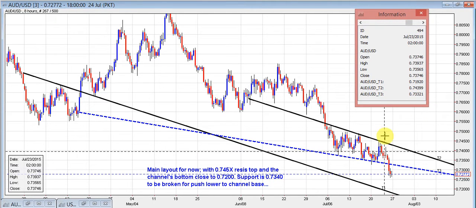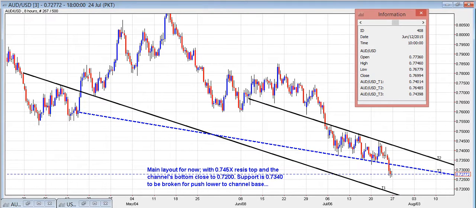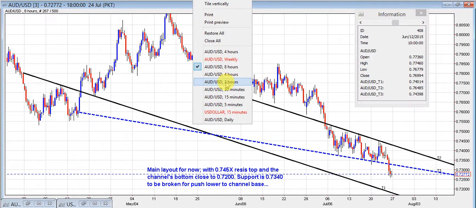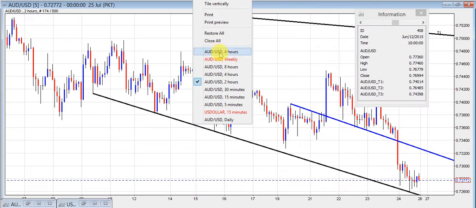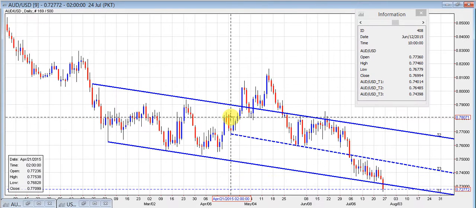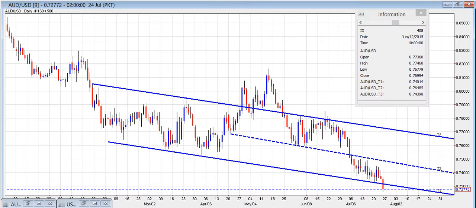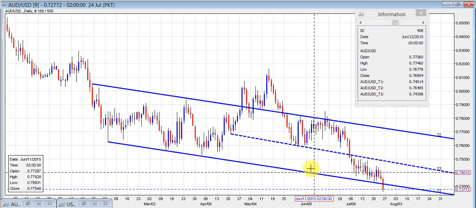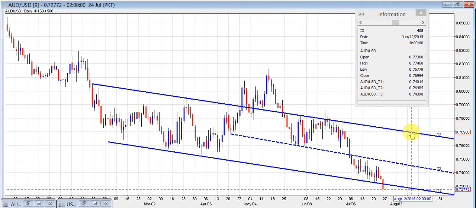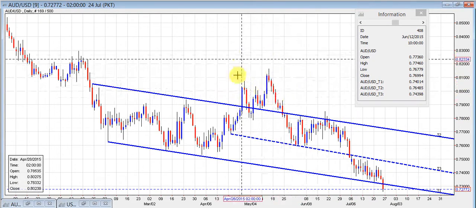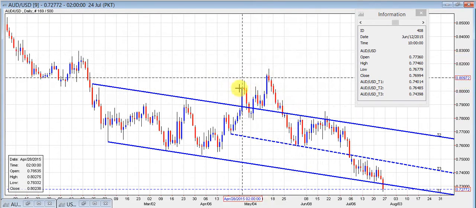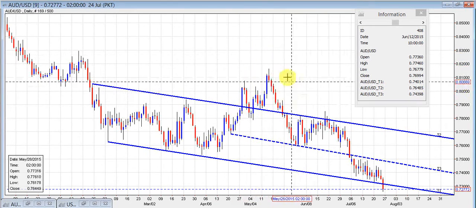Just discussing the chart layout that I've done and some of the reasoning behind it, and how you can use other time frames to work along with that. And I think this is relevant. What I'm using here is trend line T1 and trend line T2 as a channel. I'm ignoring these spikes up, almost 2 to 3 weeks of trading on the higher side.